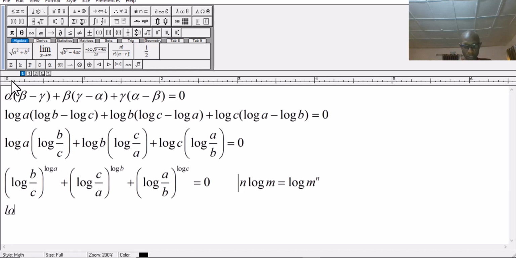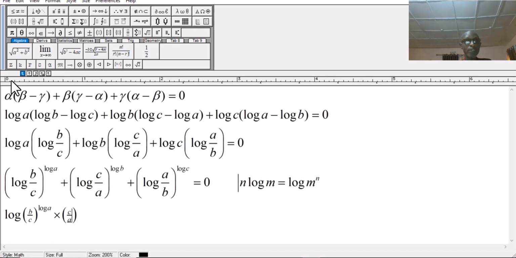So we now have log of B over C, this will now be log A, times this also.